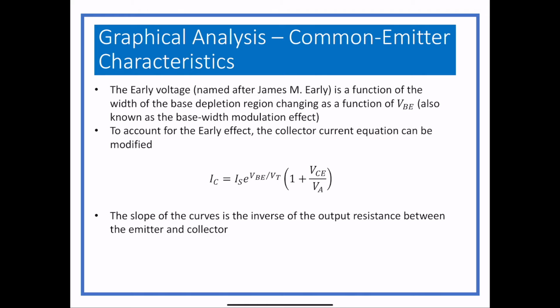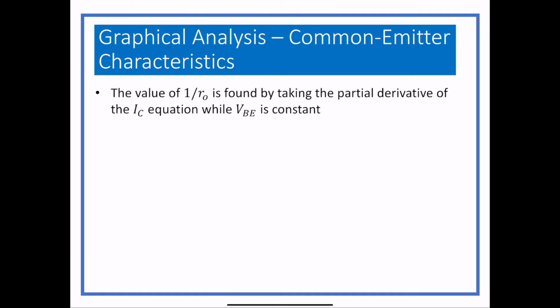So in order to find this output resistance that results from the fact that the curves slope a bit, we take the partial derivative of the IC equation and we hold VBE constant. Once VBE is a constant, it's not part of what we have to worry about. So we take the original equation and take the partial derivative of IC over VCE.